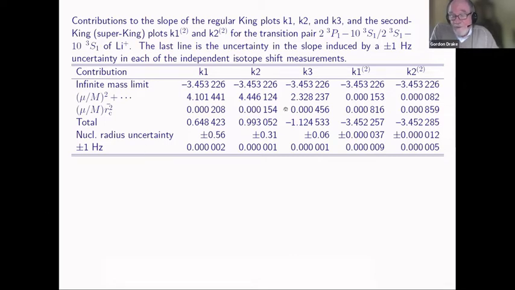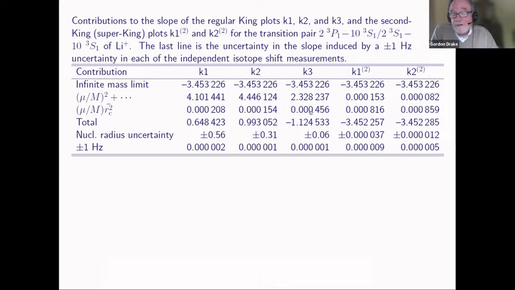Another important feature that emerged as I did the calculations is that the nuclear radius uncertainty is also strongly suppressed by about 4 orders of magnitude relative to an ordinary King plot. This is one of the things that limits the applicability of King plots.